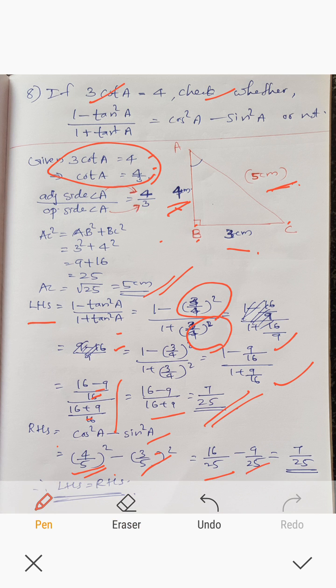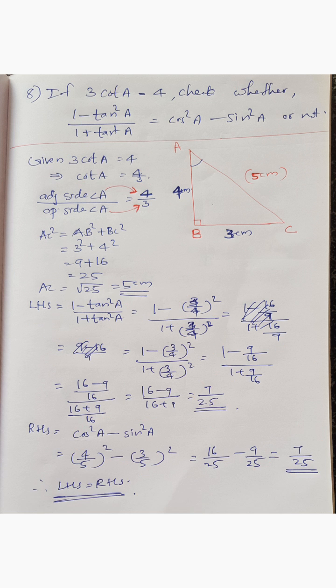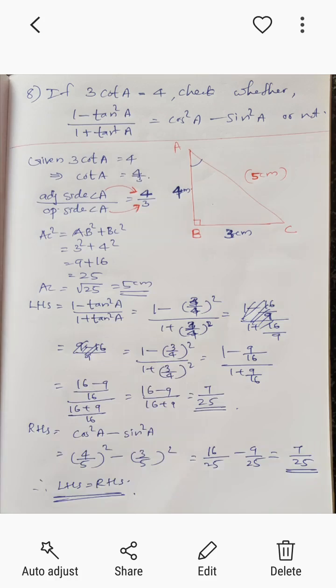So 16 by 25 minus 9 by 25 is 7 by 25. So these two are equal. LHS equal to RHS. That means 1 minus tan square A by 1 plus tan square A equal to cos square A minus sin square A. They are equal.